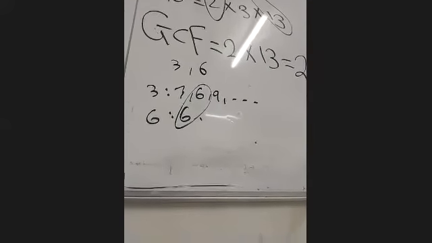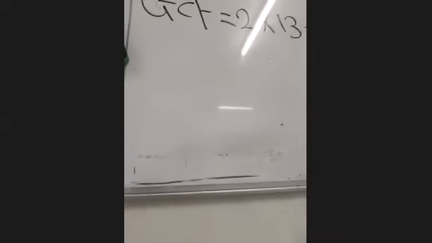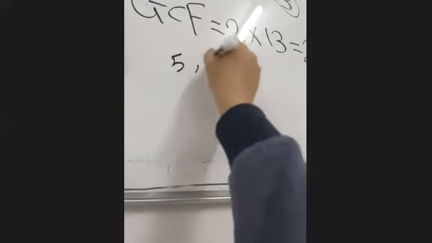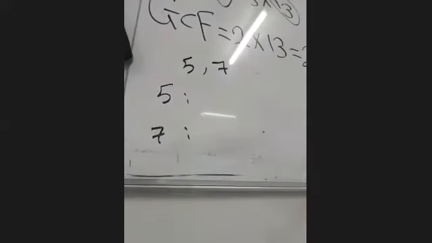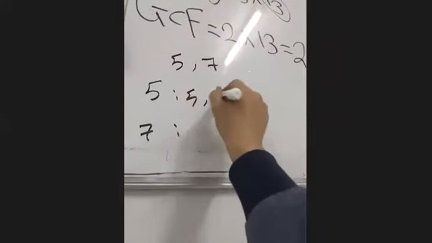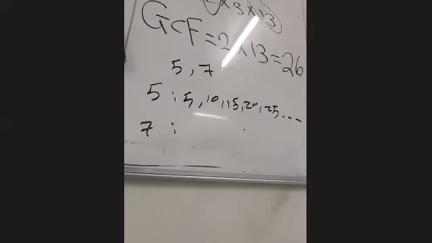Look here. If I have, for example, 5 and 7, give me multiples of 5: 5, 10, 15, 20, 25, right?